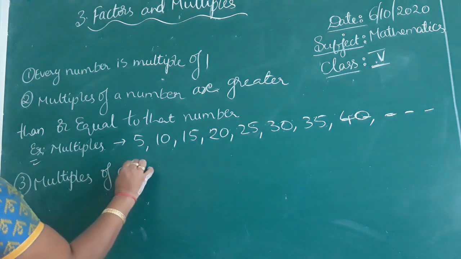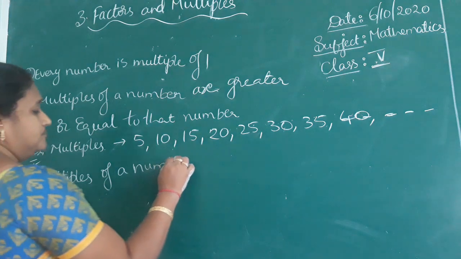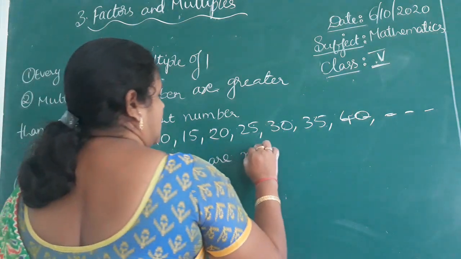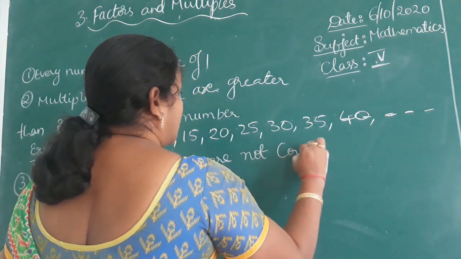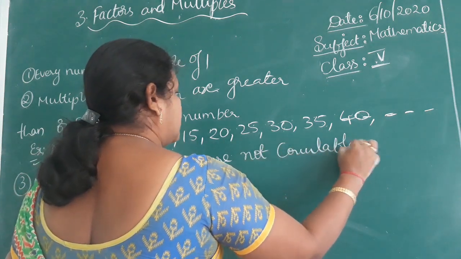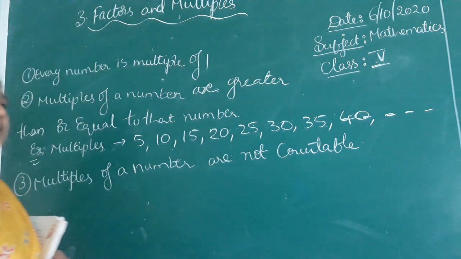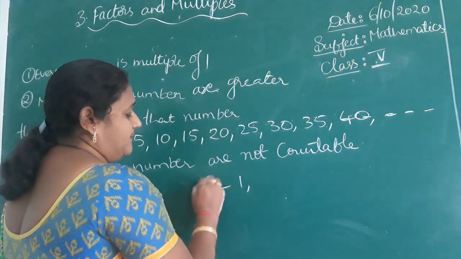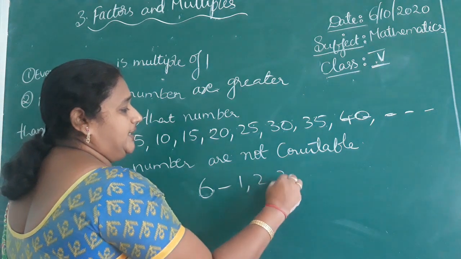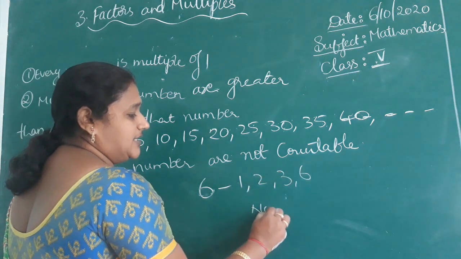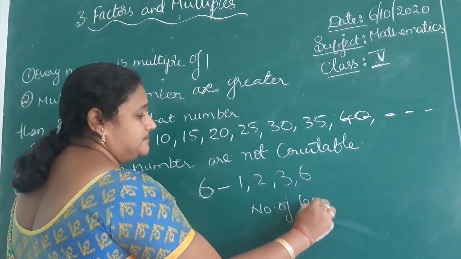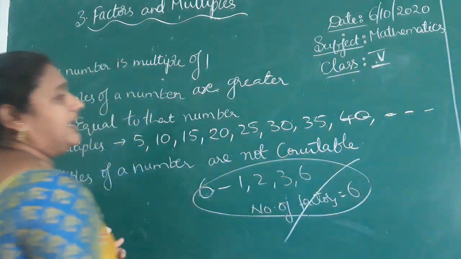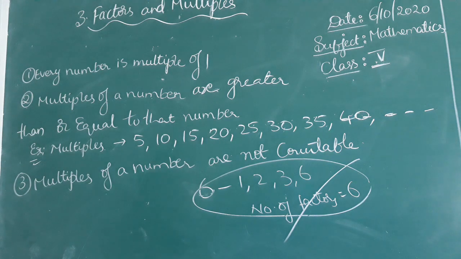Next. Multiples of a number are not countable. Countable means we can count the factors of a number. For example, I write the factors of the number 6: 1, 2, 3, 6. How many factors? The number of factors is 4. But we cannot write like this for multiples.